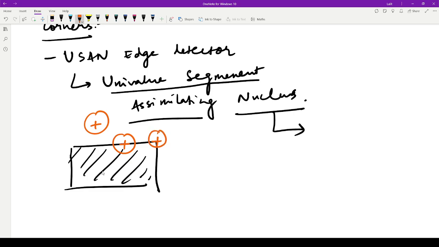For that, you're using this USAN edge detector. At a flat region, all values will be the same as that of the center pixel. You can clearly see here. But on an edge, 50% of the values will be the same as that of the central pixel.